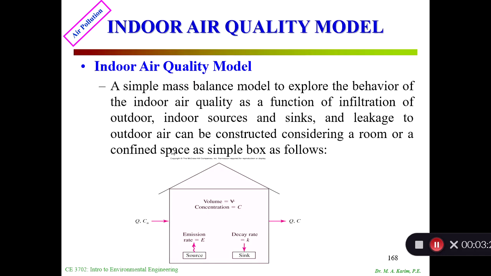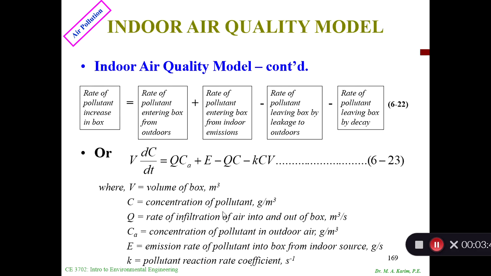So indoor air quality model, as I said, I'm not going to discuss a whole lot of these things. So here are the indoor quantities: volume, concentration, the sources coming in, and sinks. We might have some of the air going out through the windows and other things, and some of the air pollution coming through the windows also. The sealant in the windows is very important in different cases.